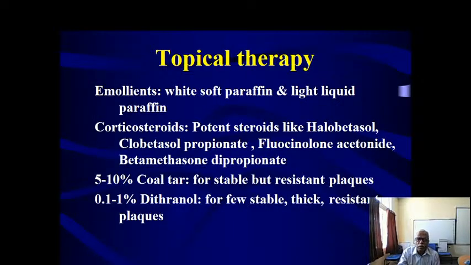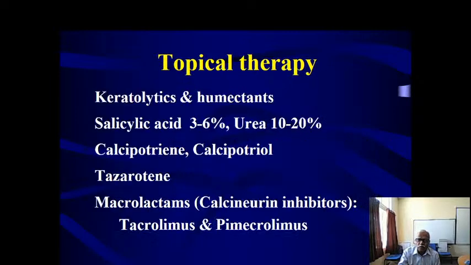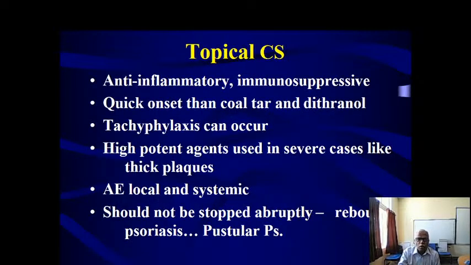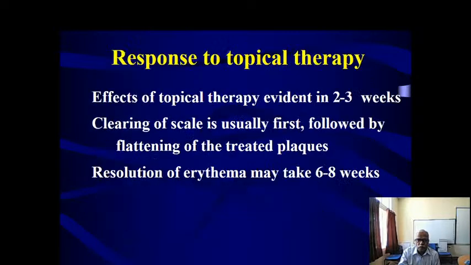So topical therapy: emollients, corticosteroids. They respond to topical steroids within 2 to 3 weeks. So that should be continued even if you are giving other modalities of treatment also.